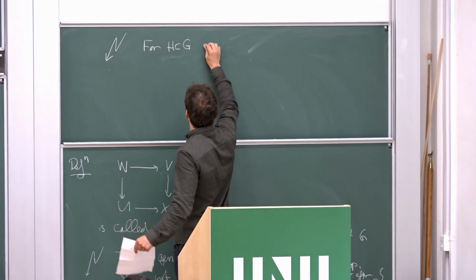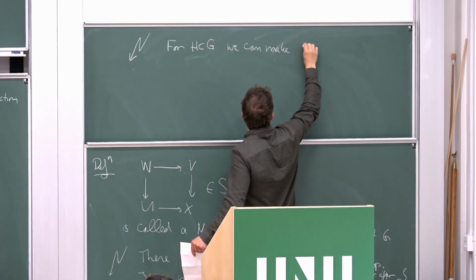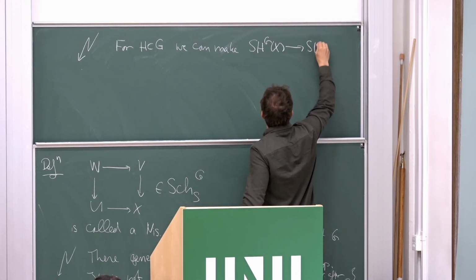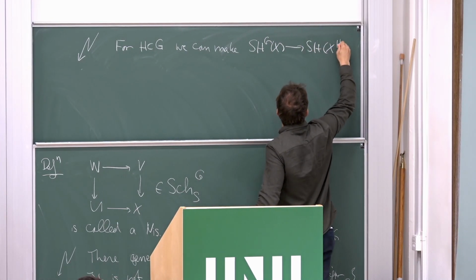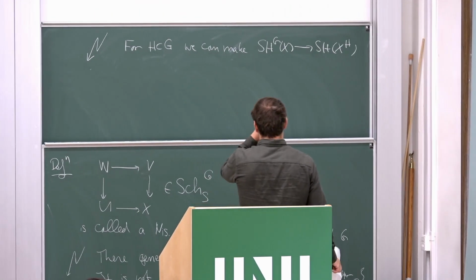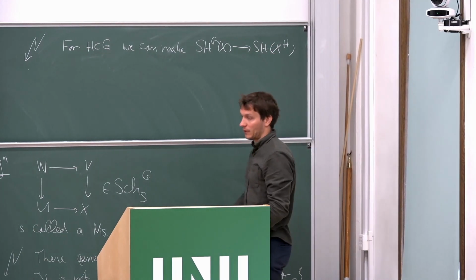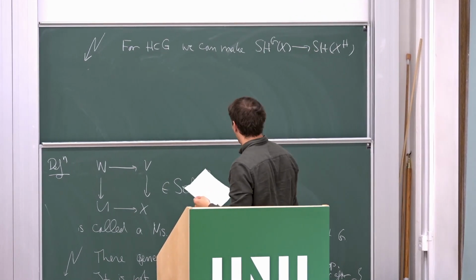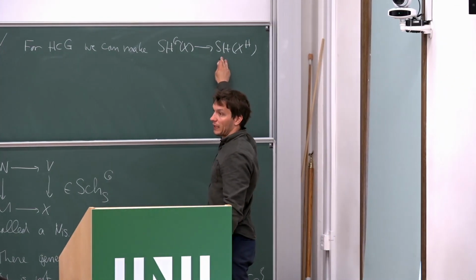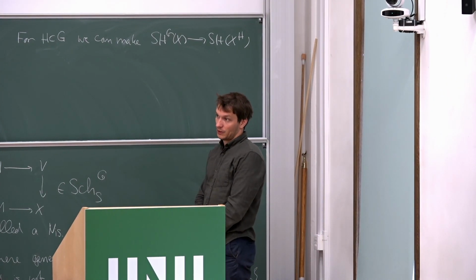So we can make something like SH_G of X goes to SH of H fixed points at X. Maybe it looks slightly funny, but it's just because often X has a trivial action, and then of course it just remains the same, but well, to take fixed points like this, you have to take fixed points on the base. So you get a bunch of functors like this to the usual Motivic homotopy categories, and the warning is that these together are not conservative.